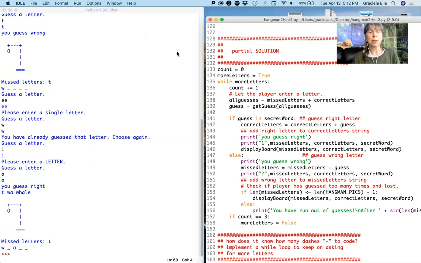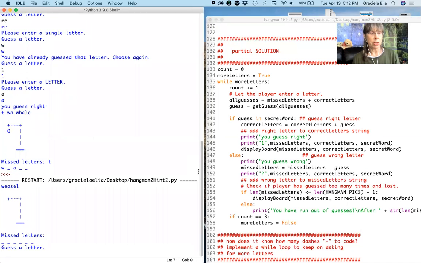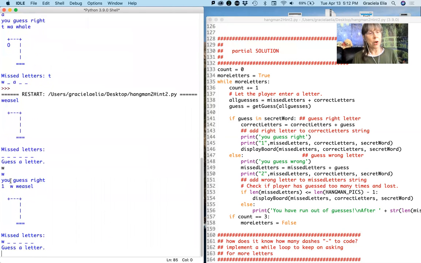Let's run it again. And we're just gonna talk about it for just a couple of minutes. Let's do a recap of what we did before. And let's try all different possibilities over here. Let's start with the good one, W. So you guess right. This is coming from 1 because 1 is when you guess right here.